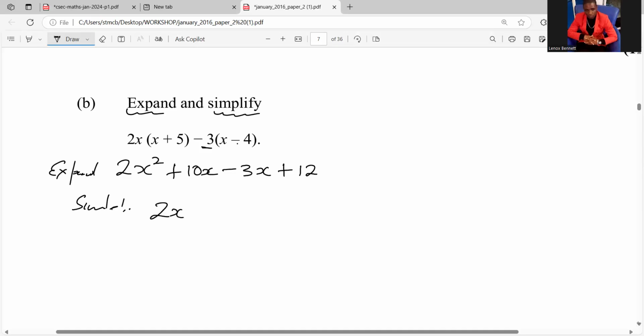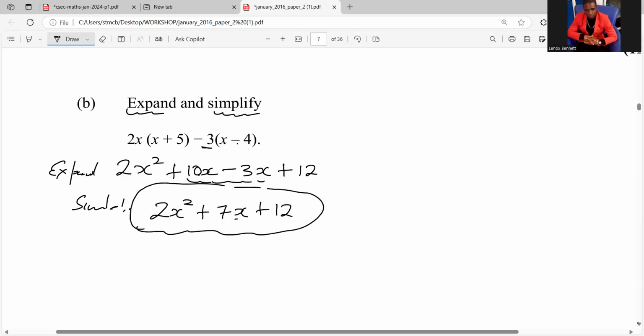So we have 2x squared, there's no other x squared term. However, we have 10x minus 3x. Those are like terms, so we can subtract those. And of course we add 12. We cannot add these because these are unlike terms. That's the first rule: we cannot add or subtract unlike terms.